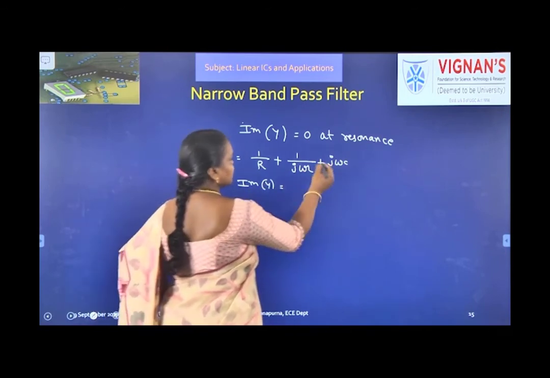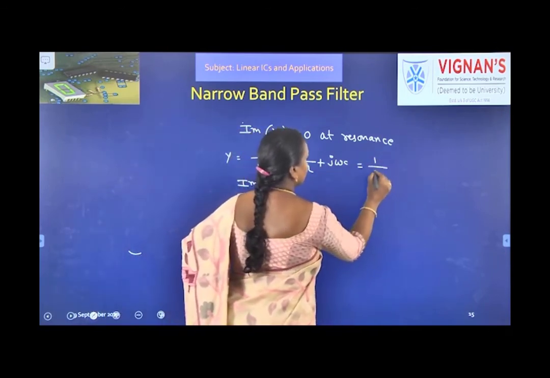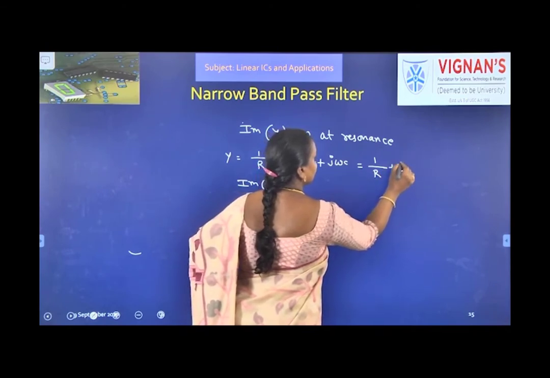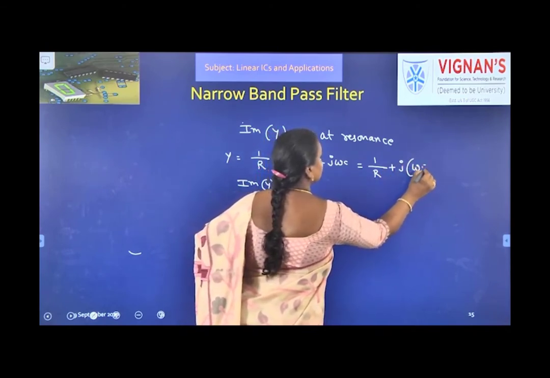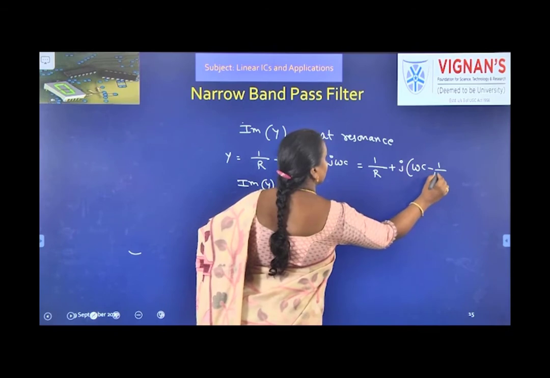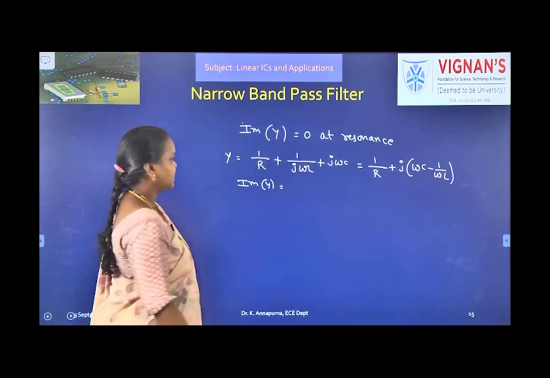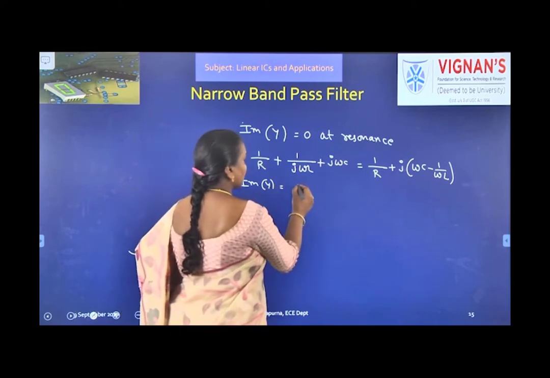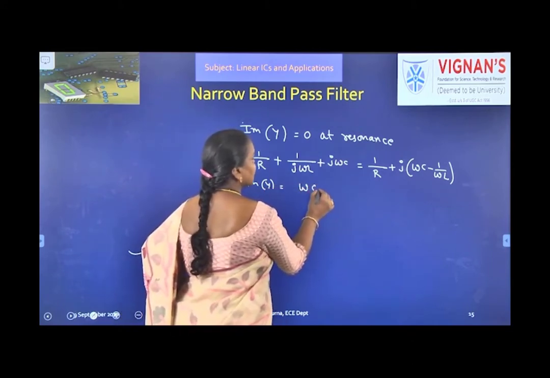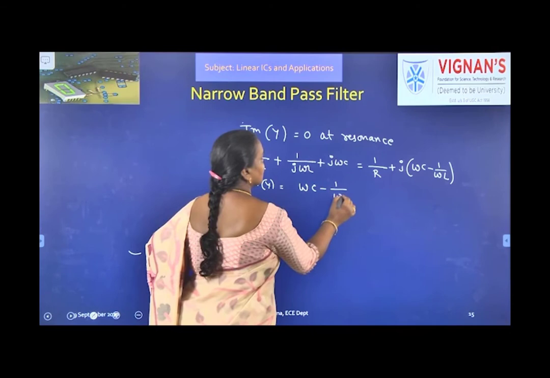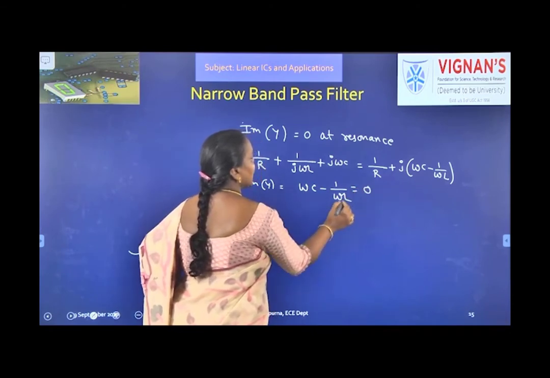For that, first I am writing this as 1 by R plus, if I take j common, omega C minus 1 by omega L, because 1 by j is minus j. So imaginary part of Y means omega C minus 1 by omega L, that is equal to 0 at resonance.